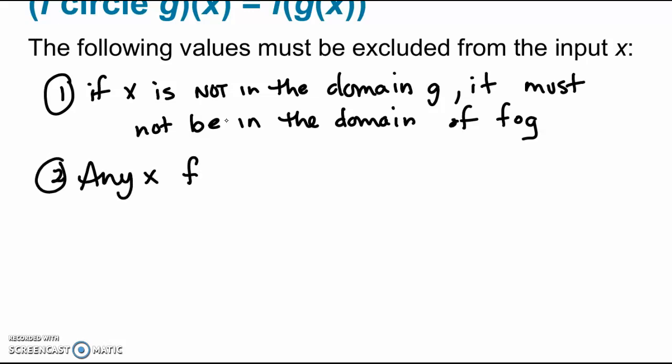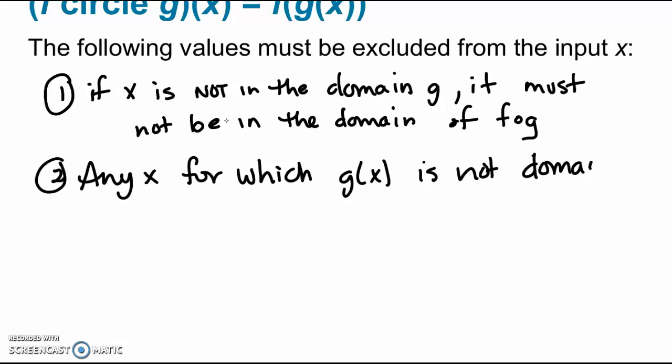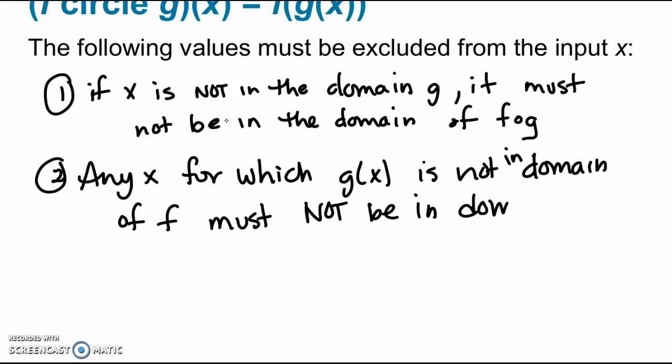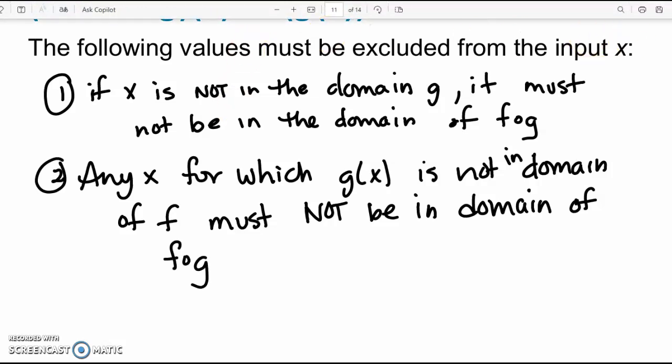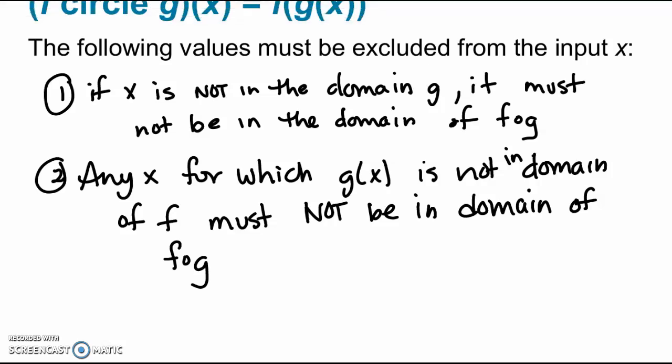Any x for which g of x is not in the domain of f must not be in the domain of the composite function. So those are the values that must be excluded.